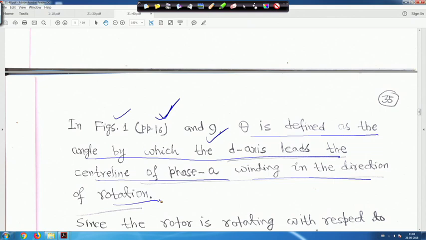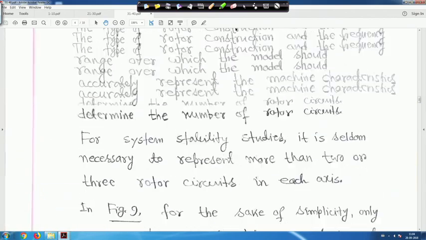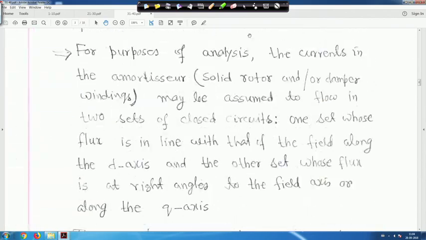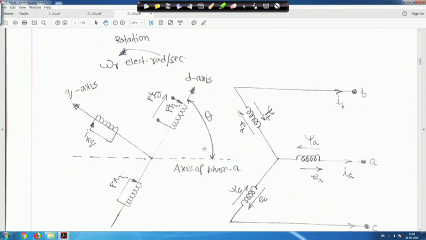That I have already told you. The D axis is leading the axis of phase A by theta.